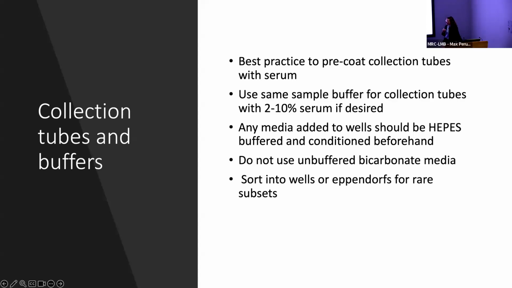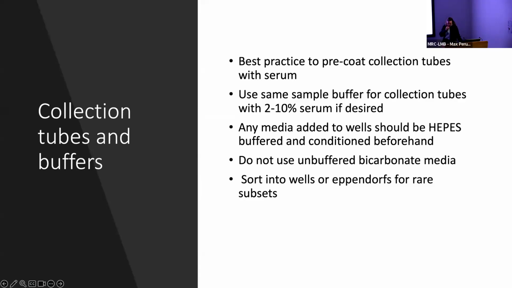Ultimately, this will ensure higher recovery. If you imagine a very rare population having to traverse into a very large 15 ml tube and trying to recover those cells from a 15 ml tube versus a very small Eppendorf, I think you can appreciate that using a smaller collection device will help your recovery.